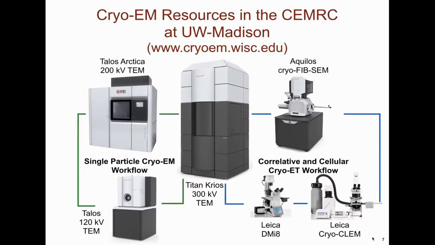In addition to our team, we have a suite of instrumentation to support all major cryo-EM workflows, from the basics of sample optimization by negative stain TEM, single particle data collection, and 3D map determination.